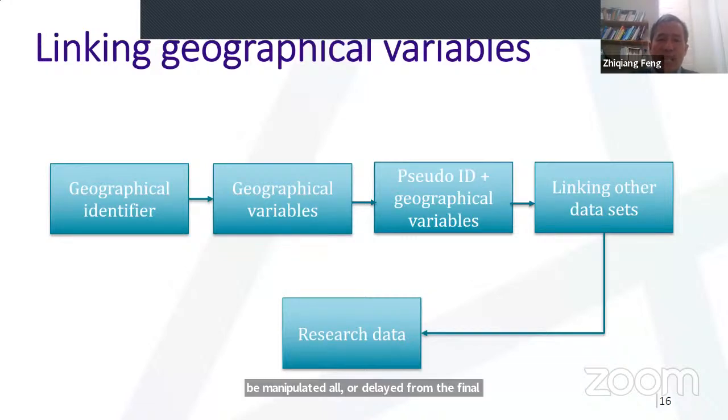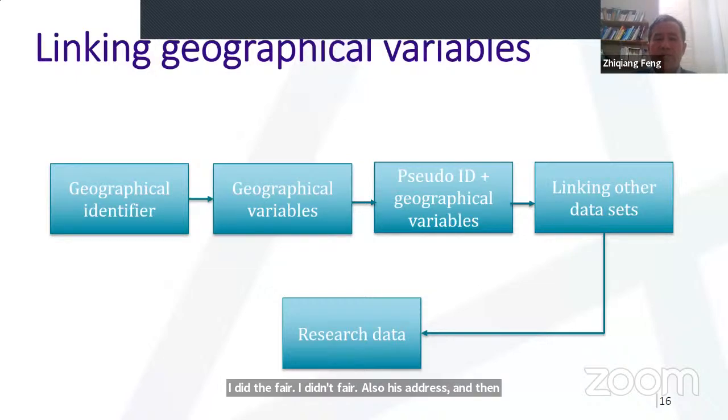So traditionally, data providers allow researchers to have geographical identifiers, for example, and then drop other health data and allow researchers to create geographical variables and then link to identifiers. And then the provider may themselves link to the health data, but drop the identifier of the address, and then pass the data to researchers.